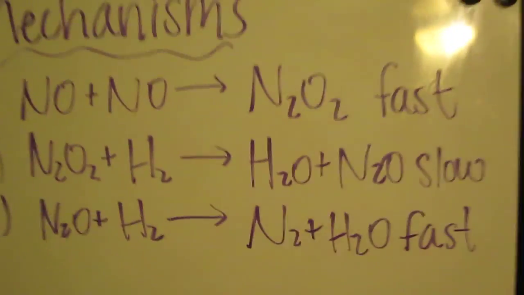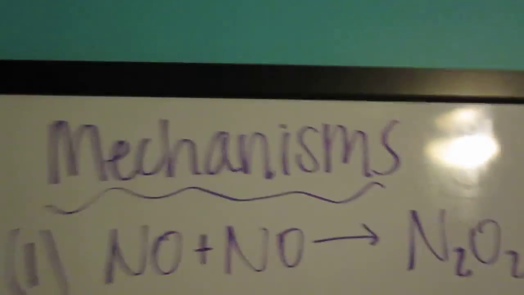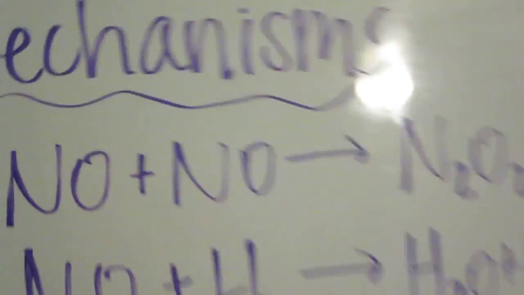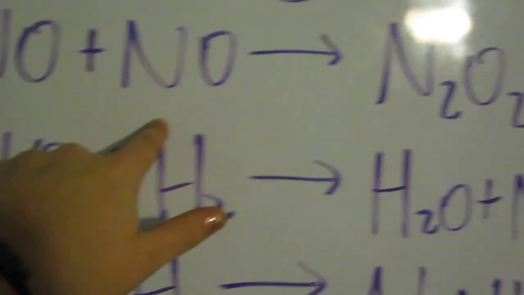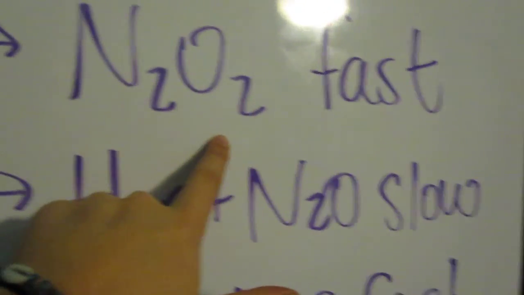Also, if you don't know mechanisms, you should probably learn them. Mechanisms are a way that a chemical reaction actually happens. Let's say you have these steps. 2 NO yielded that.